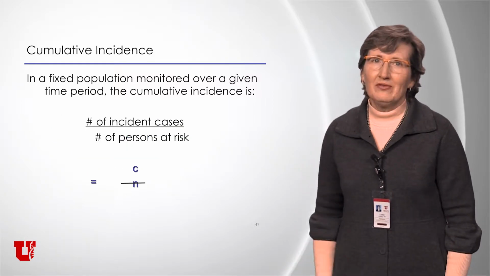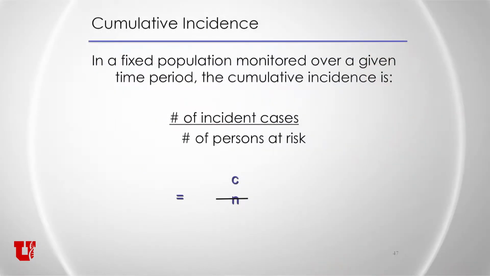All right, so the cumulative incidence in a fixed population monitored over a given time period is the number of incident cases divided by the number of persons at risk. So from our graphic before, the count of actual persons who experienced incident disease during the observation period was C, and the denominator, the number of persons at risk at the beginning at time 0, was N. So C divided by N is going to be the cumulative incidence.